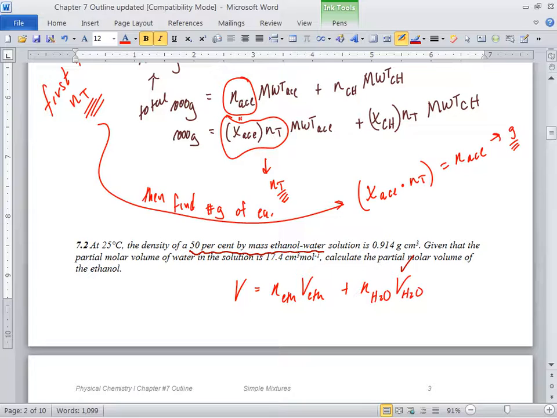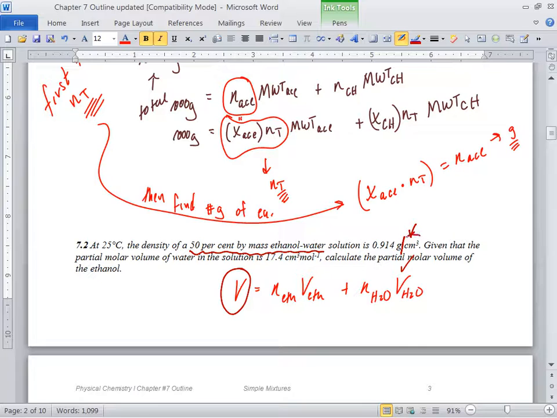So the easiest way to do this would be to say the total volume is what? Then you know the mass. Total volume is what? This is grams. This should be a per here, right? Because it's density.